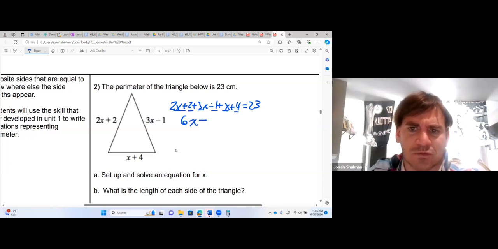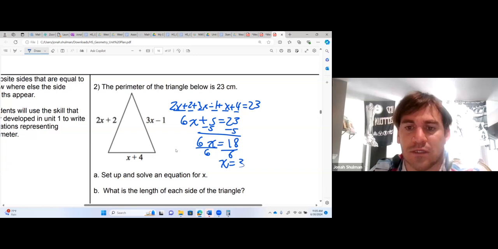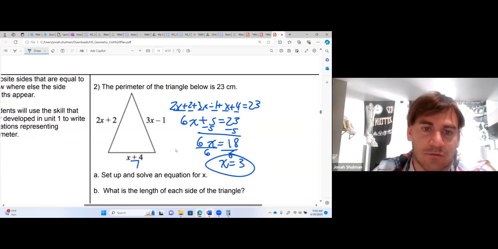So it's basically 6x plus 5 equals 23. So 6x equals, well, what's 23 minus 5? That's 18. What is x? That is 3.